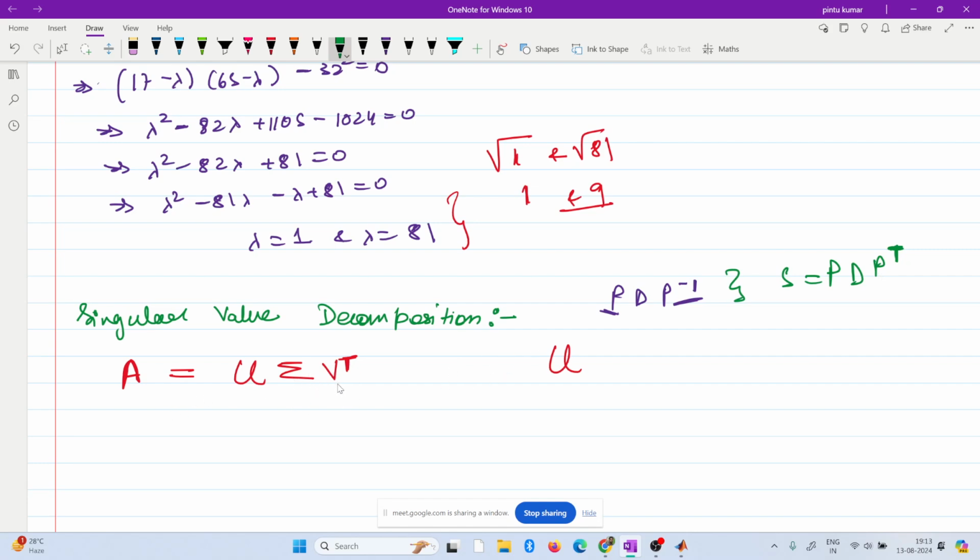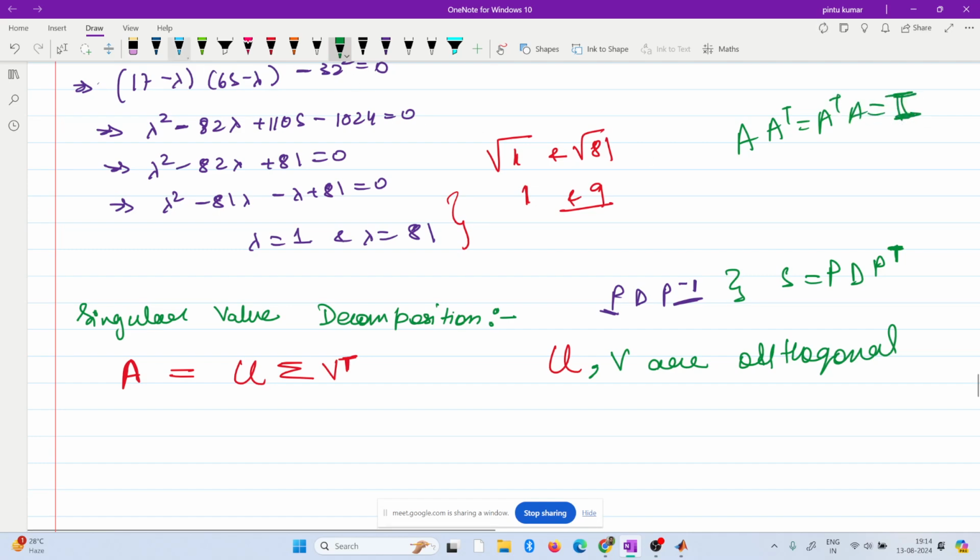So this U and V are also orthogonal matrices. A is orthogonal if A transpose A is identity. Let's stick to this definition only for the time being.